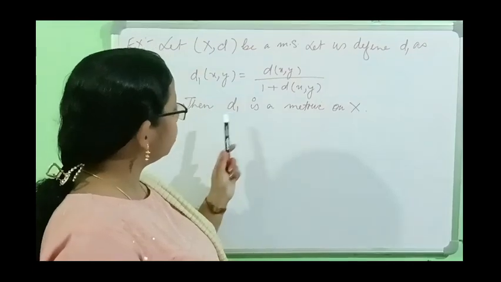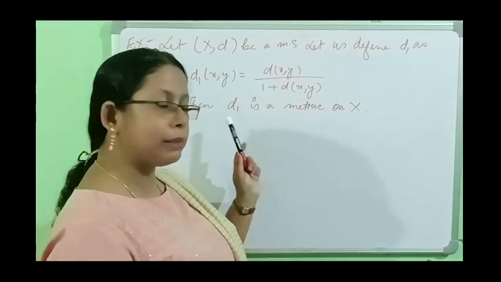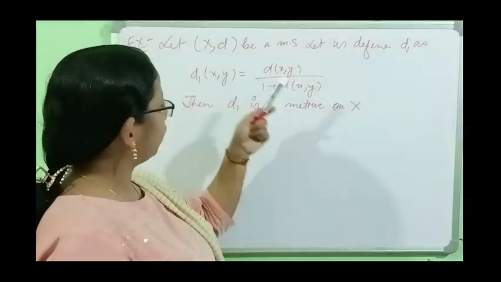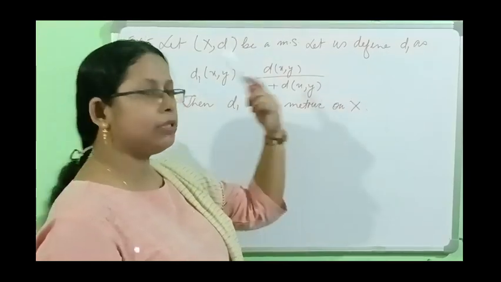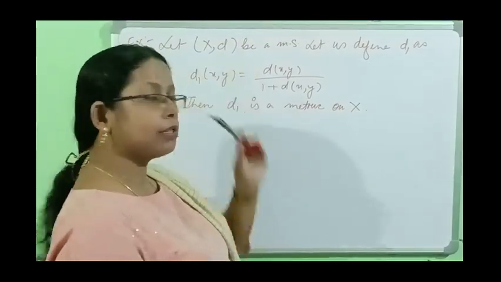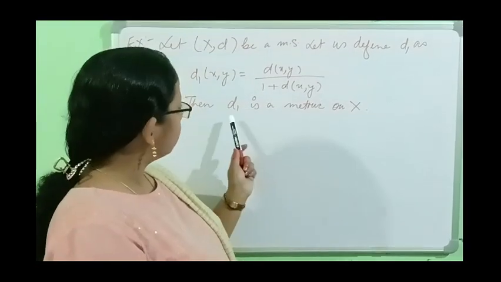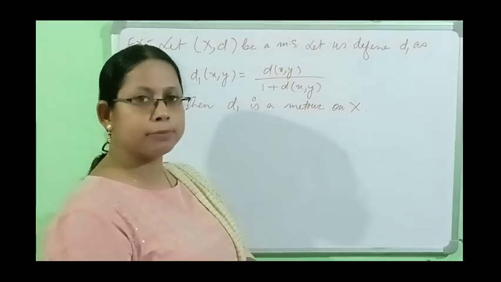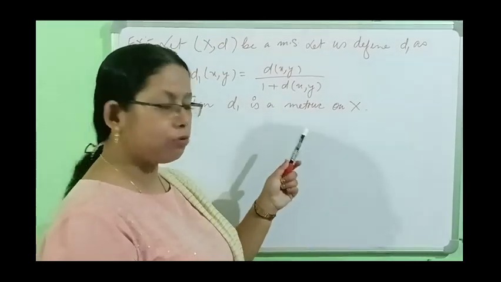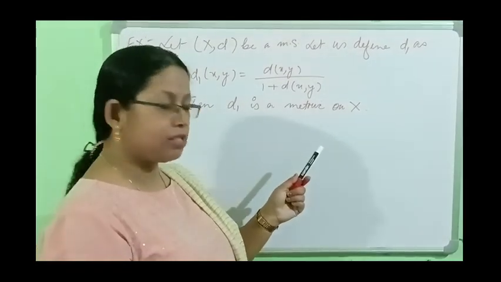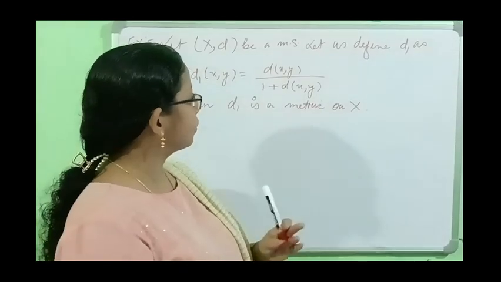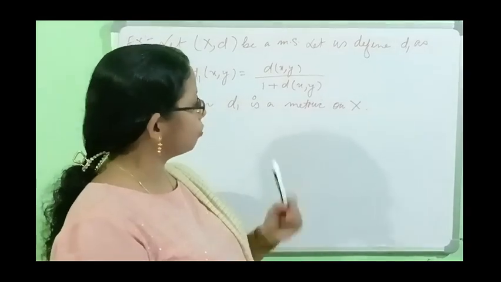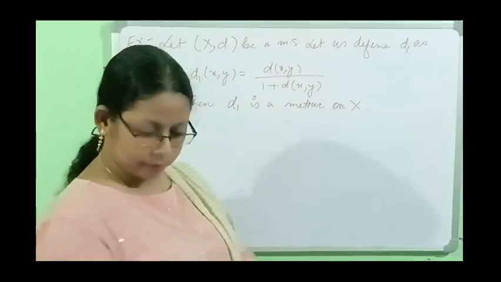We have to show d1 is a metric on X, that is, d1 is defined in terms of the given metric d on X, and we have to show d1 is again another metric on this space X. To show d1 is a metric on X, we have to show that d1 satisfies the three conditions for a function to be a metric on a given space, that is non-negativity, symmetry and triangular inequality. First we are going to show non-negativity.